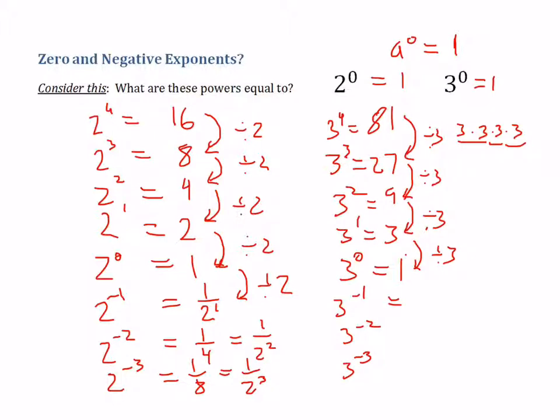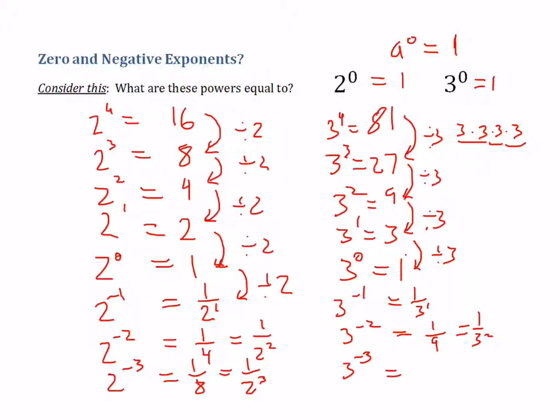Divide the 1 by 3 here, and we have 1/3, or 1 over 3 to the first. Divide this by 3, 1/3 divided by 3 is 1/9. Well, that's just 1 over 3 squared.